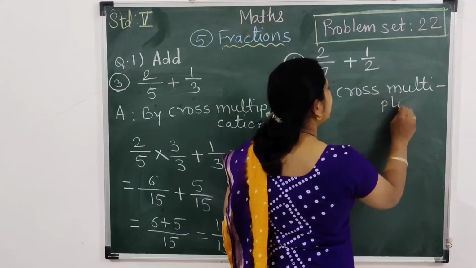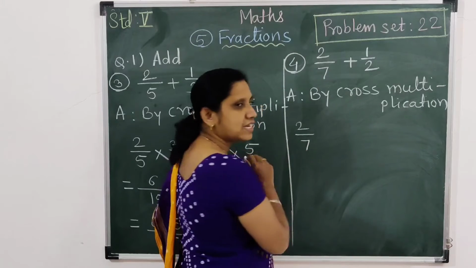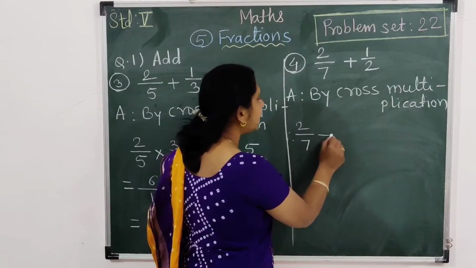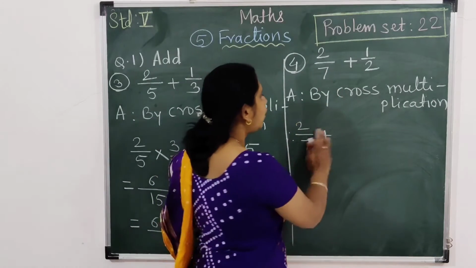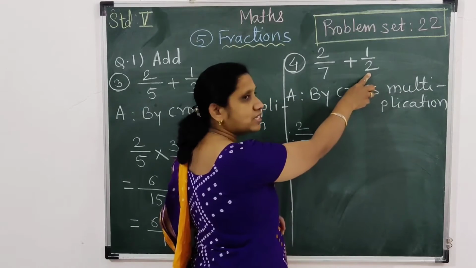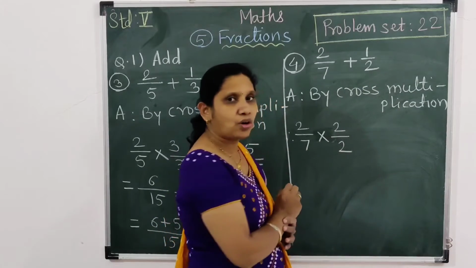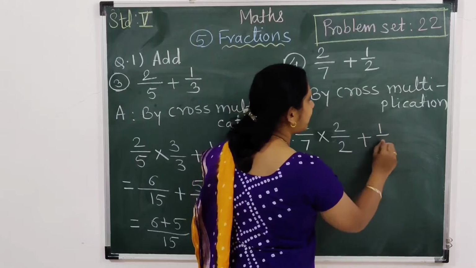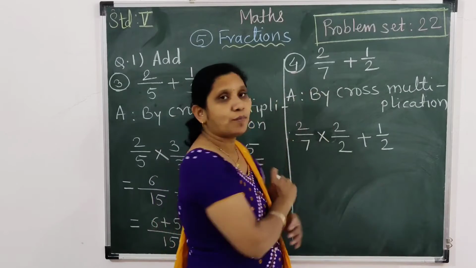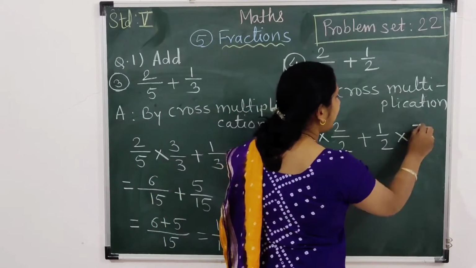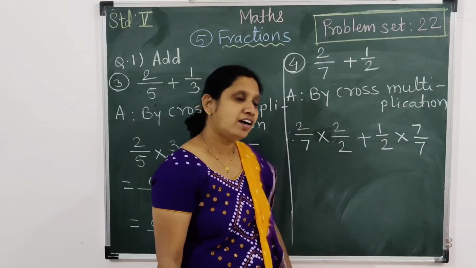Let us write the first fraction 2 upon 7, plus. As I already told in the third example, to this first fraction we multiply using the denominator of the second fraction, that is 2 upon 2. Plus let us write the second fraction as it is. To this fraction we multiply using the denominator of the first fraction, so multiply 7 upon 7.